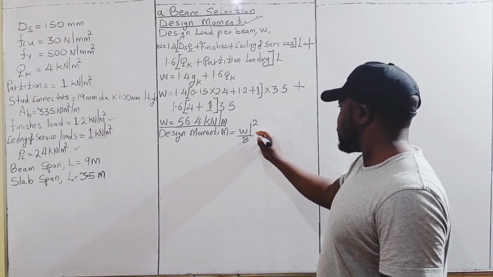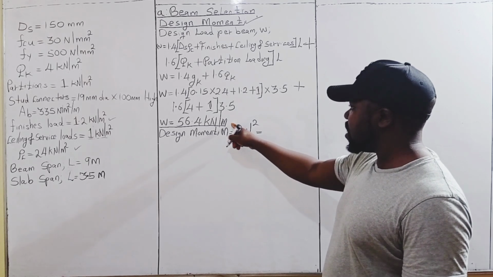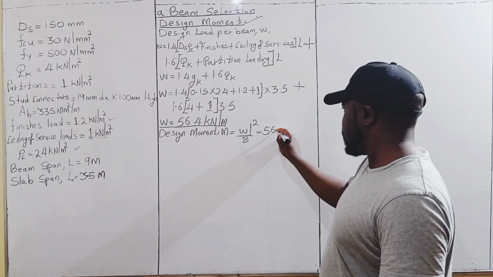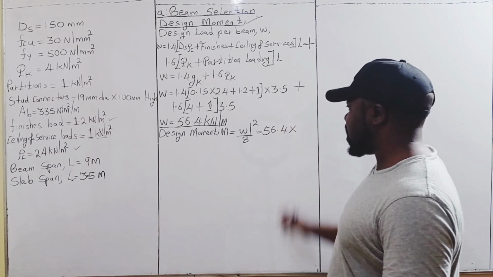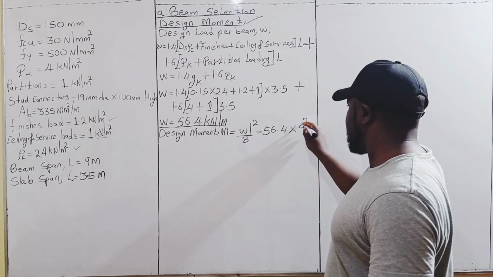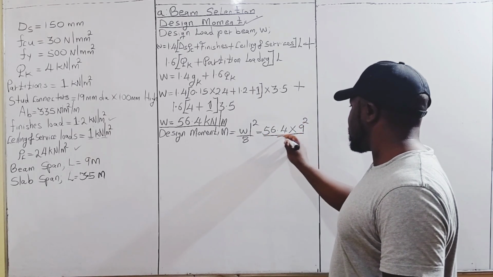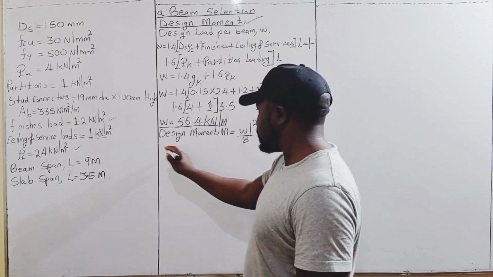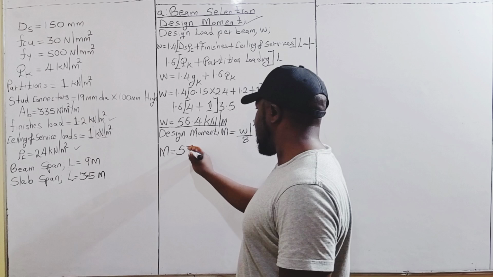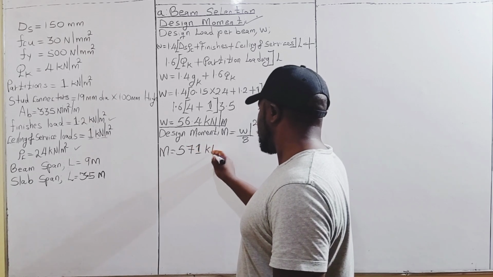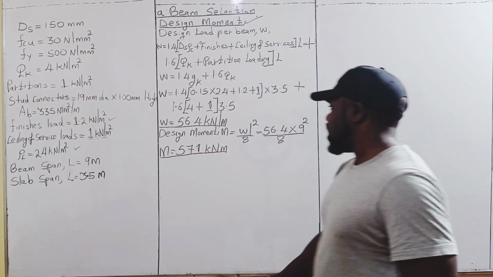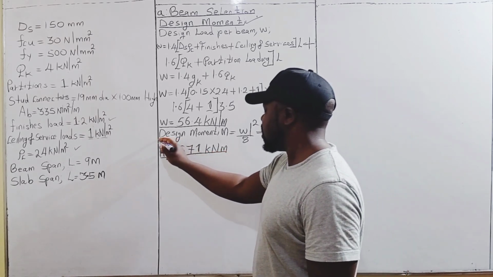Therefore, this will be equal to W, the design load, 56.4 kilonewtons per meter, times the beam span, which is 9 meters squared, divided by 8. By doing so, we get a design moment of 571 kilonewton meters. Therefore, that is the design moment.